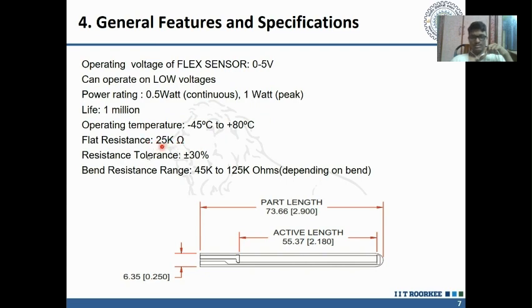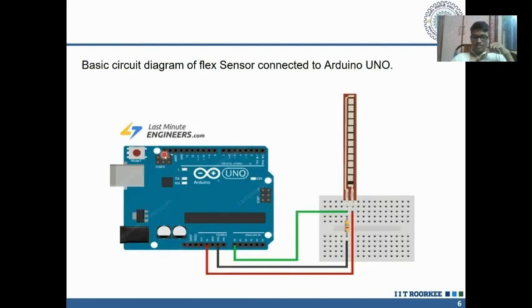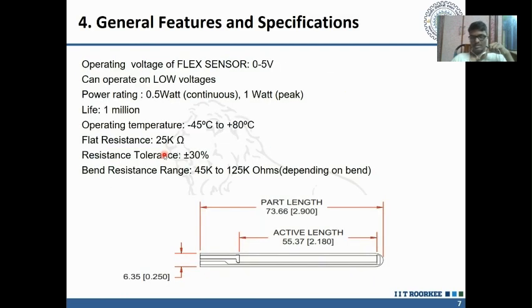When flat, it will have a general resistance of 25 kilo ohms. It depends; this is a general purpose flex sensor, it can be more. Resistance tolerance is 30%, and the bending resistance range changes from 45 to 125 kilo ohms; at a maximum of 180 degrees, it will have 125 kilo ohms.